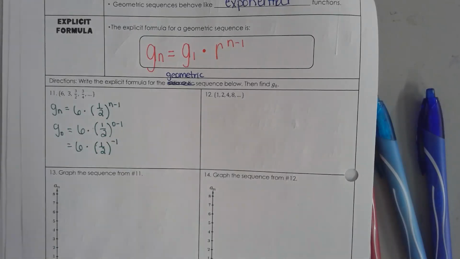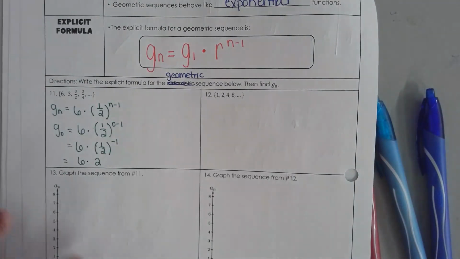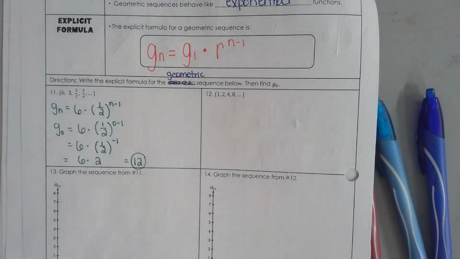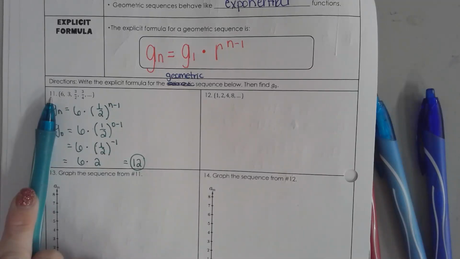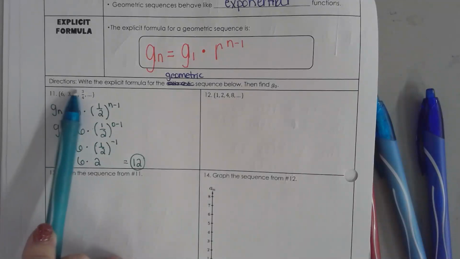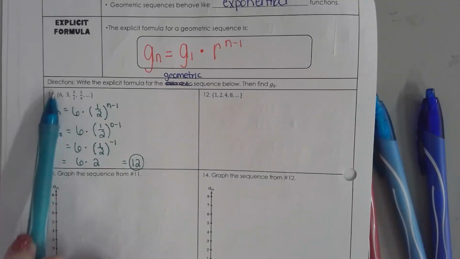So it's actually 6 times 2, which is 12. And if you think about that, the zero term would be the one before the first. If 6 is my first term, the zero term will be before that. So if I'm dividing by 2 going this way, if I want to go backwards, we're multiplying by 2. So it makes sense that this one would be 12.